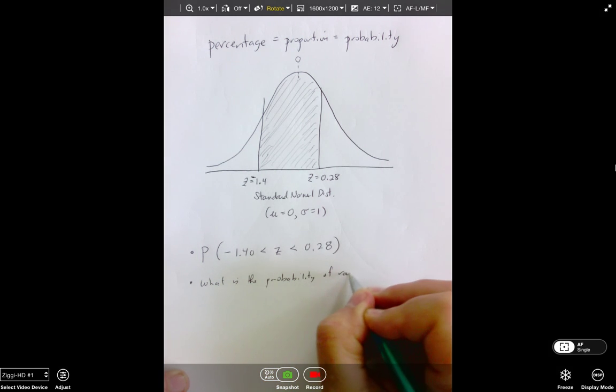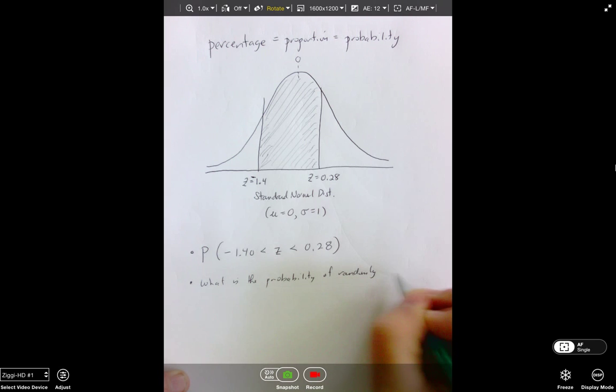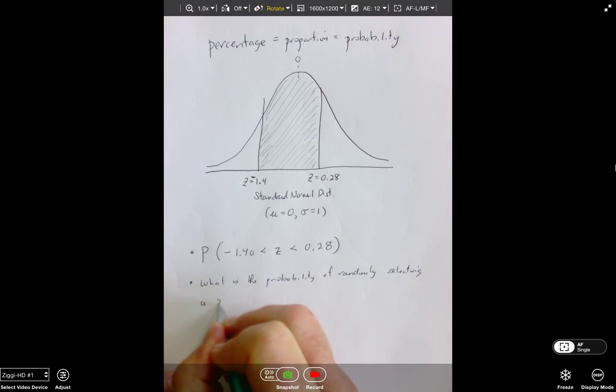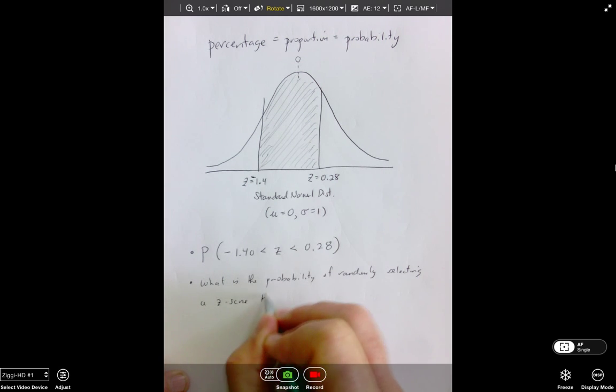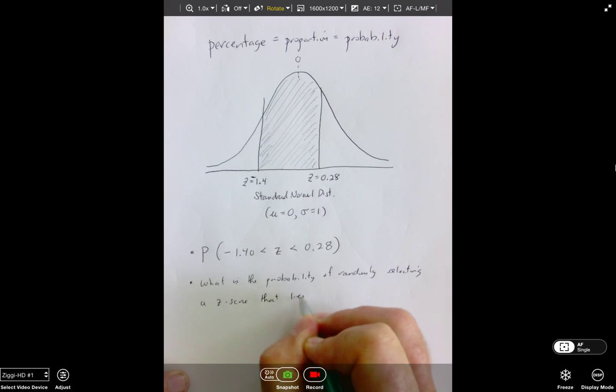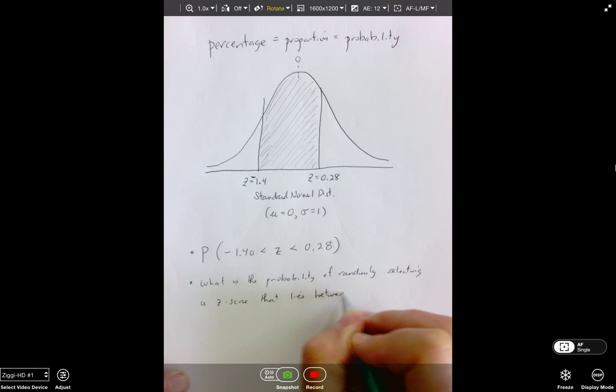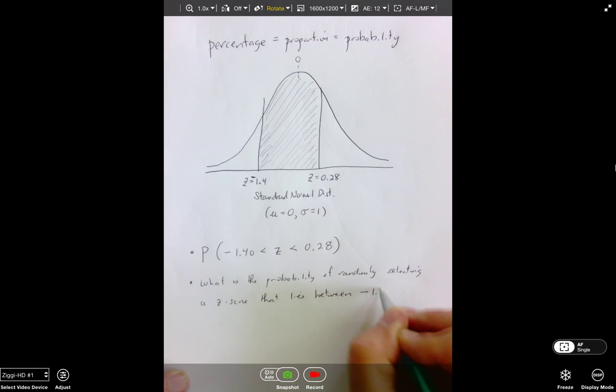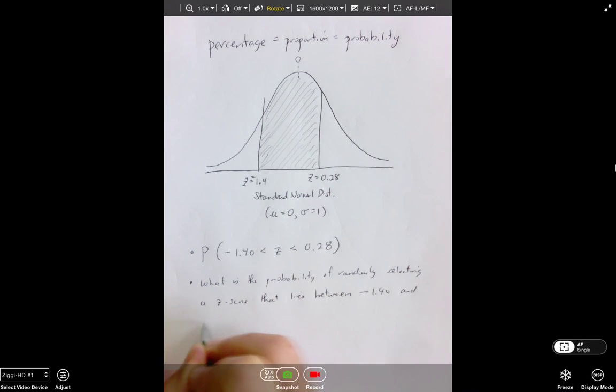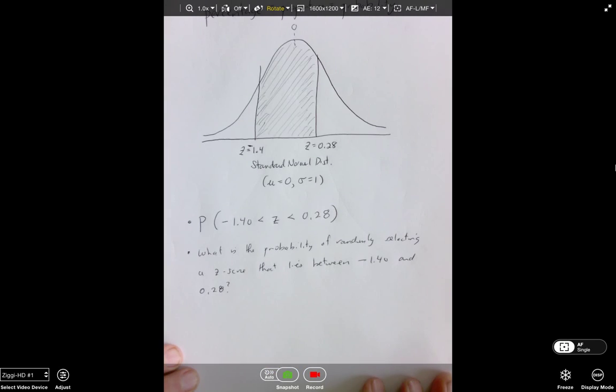Of randomly selecting a score that lies between negative 1.40 and 0.28.